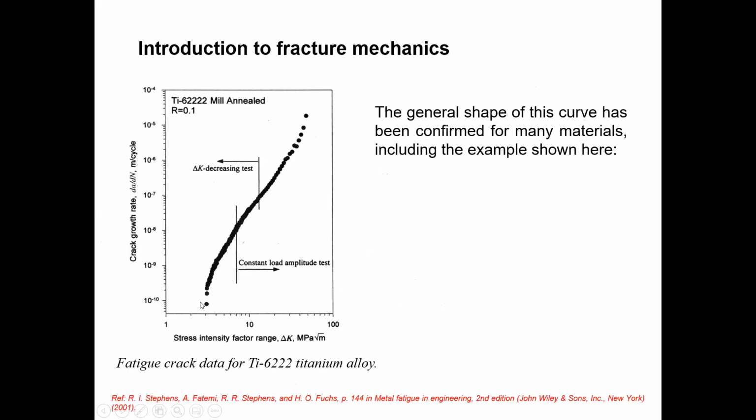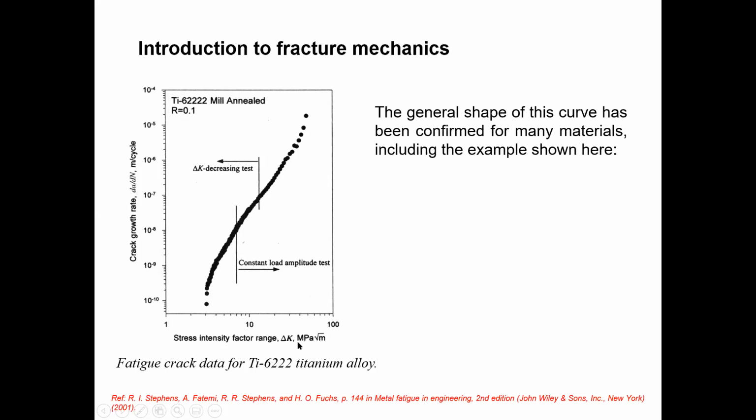You can see in here, when delta K is decreasing in a constant load amplitude test, the load is constant and delta K will be decreasing to this side. So you can see the variation of the crack growth rate and stress intensity factor.